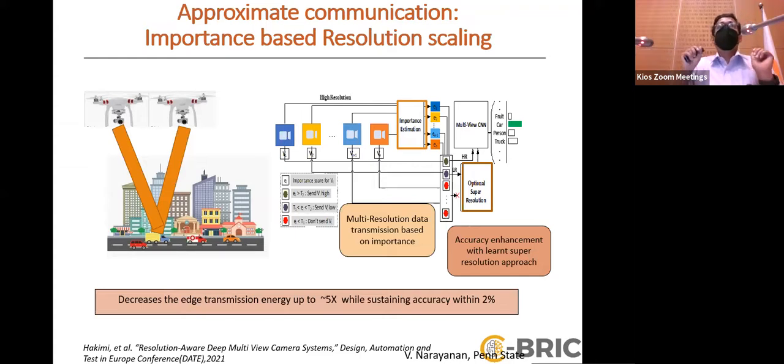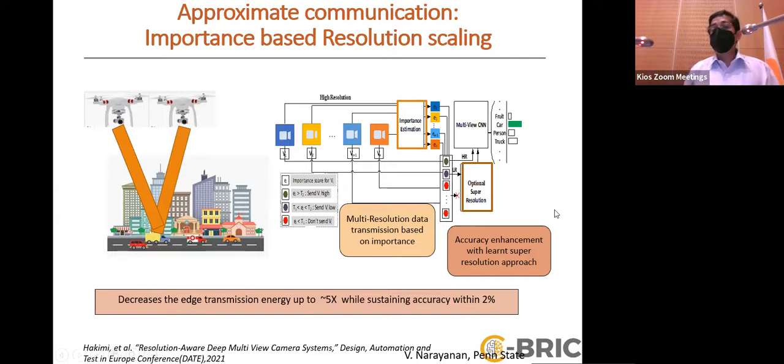So now you use a lower resolution for something that's not as important, a higher resolution for something that's very important, and something below a very low threshold, you don't even send up. And when you just send a low resolution image and then do sampling again to restore that image, it doesn't get you within the 2% accuracy. There, the accuracy loss could be like 5%.